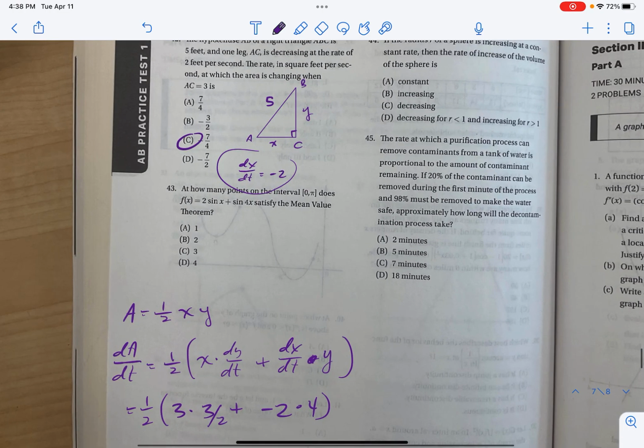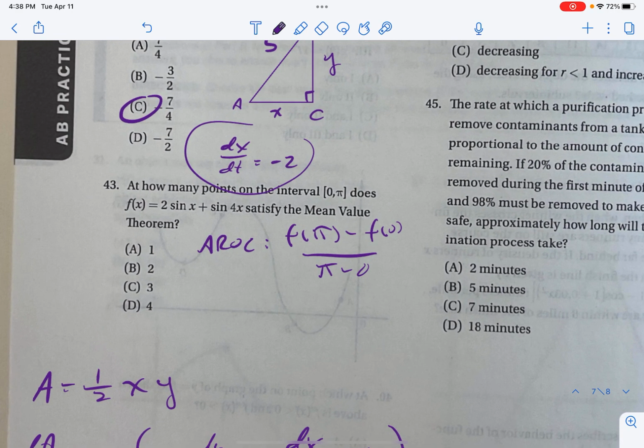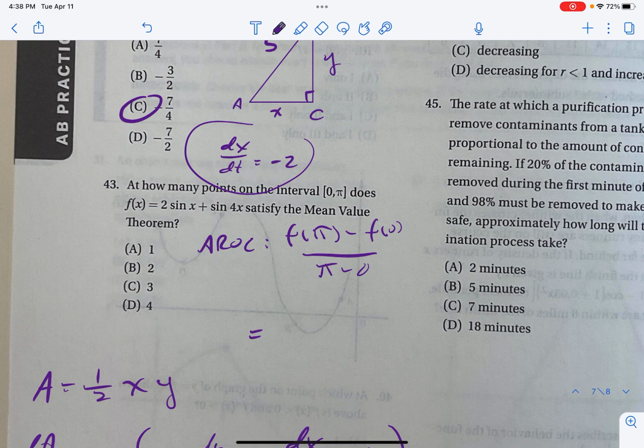My average rate of change would be f of pi minus f of 0 over pi minus 0. f of pi, well, sine of pi is 0, sine of 4 pi is 0, so that's 0. Same if I plug in 0, so it's 0 over pi, which is 0. Okay, this begins and ends at 0. The average rate of change is 0.